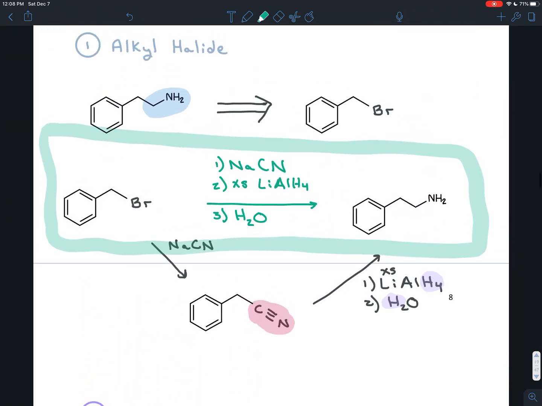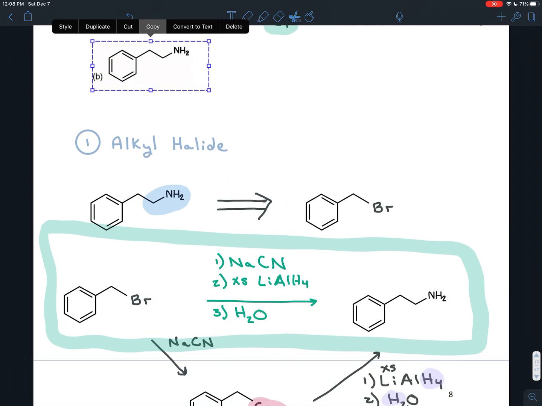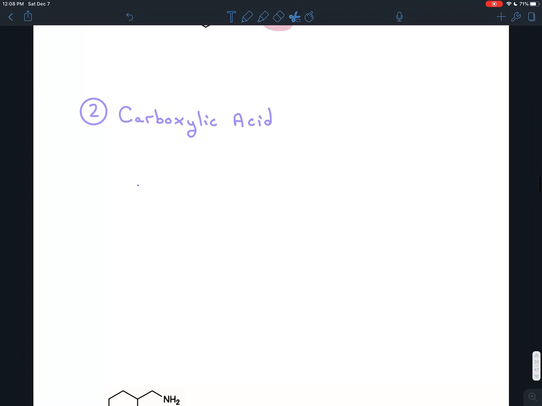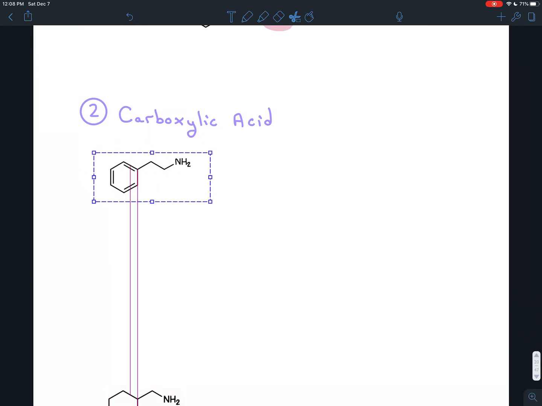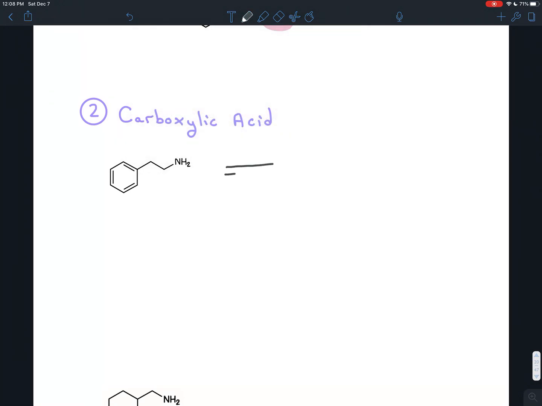Okay, let's try to make the same amine, but from a carboxylic acid. So if you want to make this amine, we'll use a retrosynthetic arrow, you can make it from what carboxylic acid?